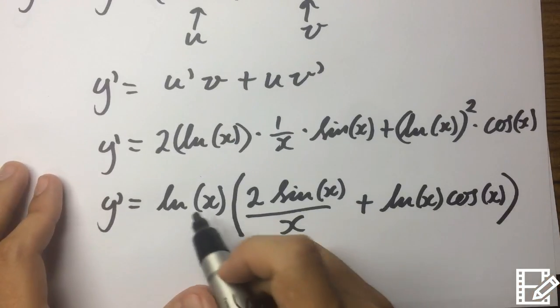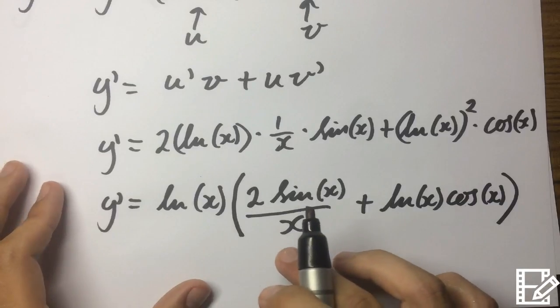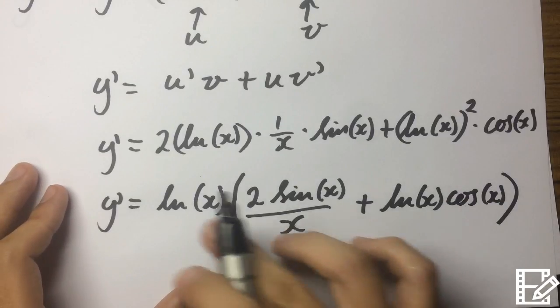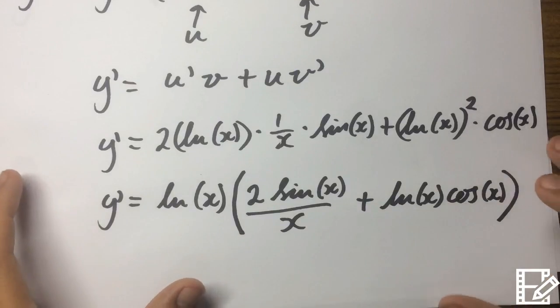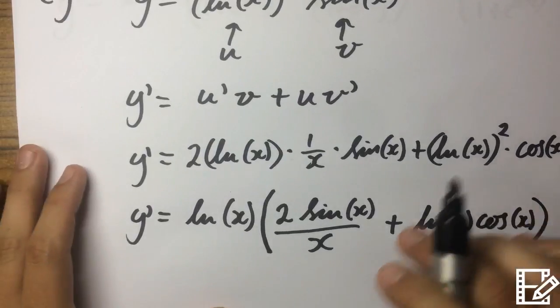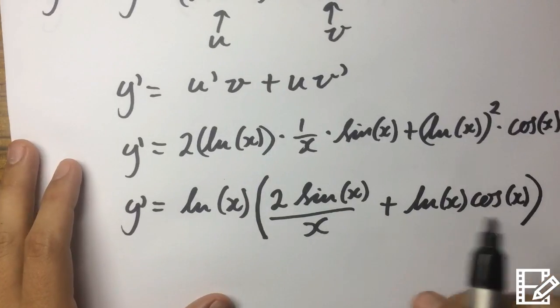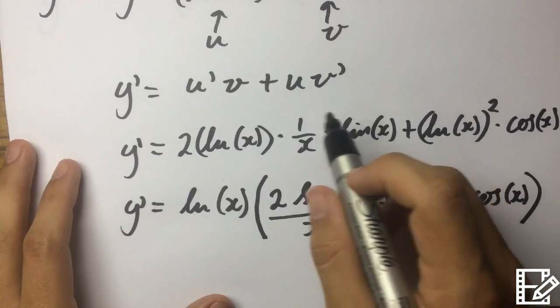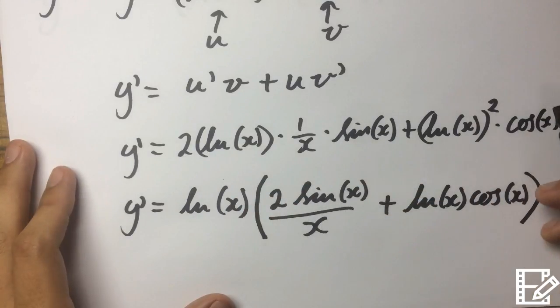Now, it's your choice to factor out the ln of x. It wouldn't really change much. I just felt like it, and it works. It's not like I'm drastically doing anything dangerous, but yeah, you can factor out the ln of x, which is what I did. And all I did here was just multiply the sine on top of the fraction and the 2 on top of the fraction, which is what you get here.